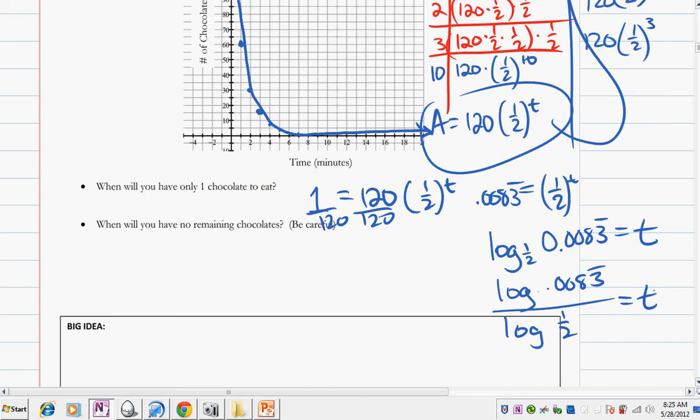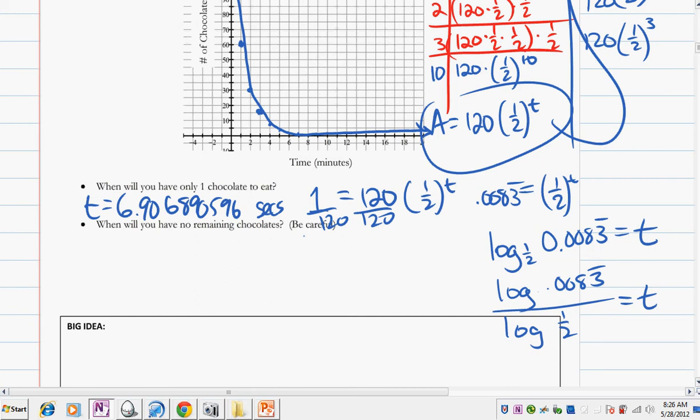Again, if you're not following the log stuff, it's not critical right now. You would just need to guess and check. So t equals 6.9068900596, etc., minutes. So you quickly get to not even a whole chocolate.